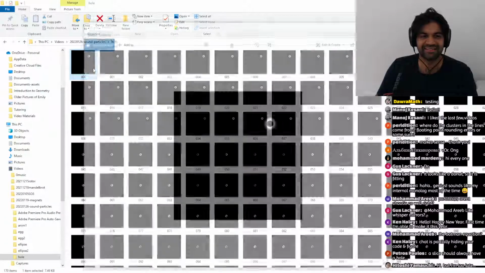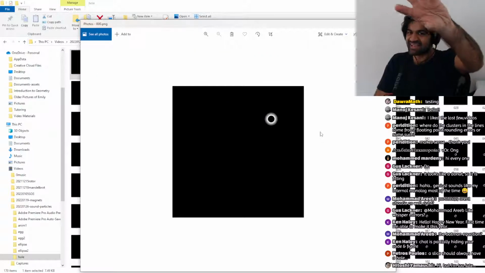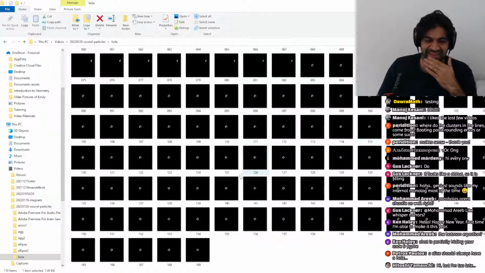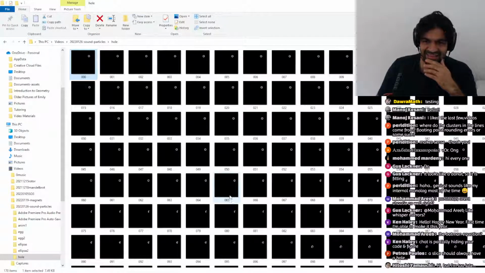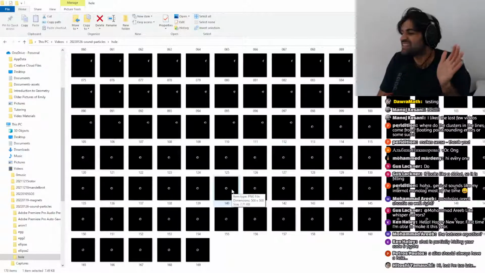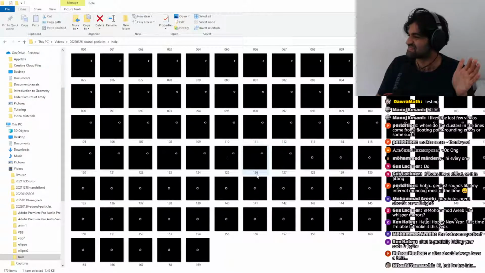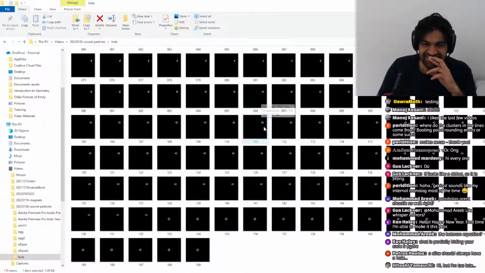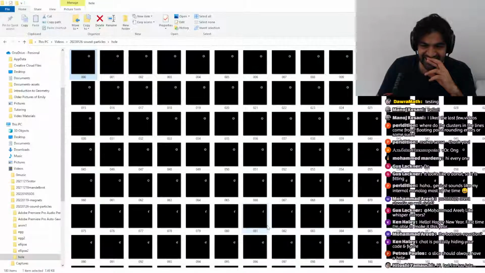Okay, I think I'm in the zone now. Now it's just computing everything. It's fast, but it's not fast enough to compute everything in real time. But I have to say it's looking like it's working.